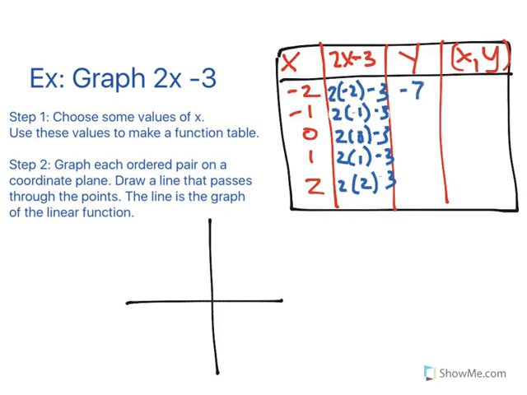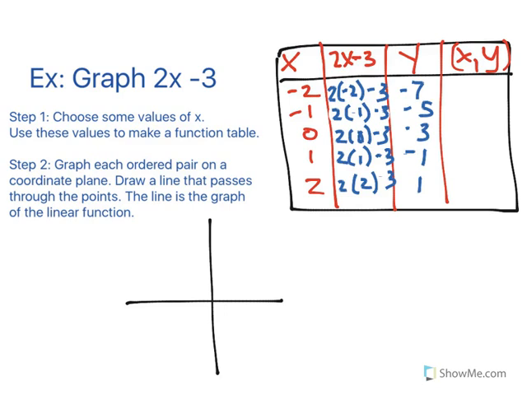Okay, so now we have 2 times negative 1 is negative 2, and negative 2 minus 3 is negative 5. 2 times 0 is 0, and 0 minus 3 is negative 3. 2 times 1 is 2, and 2 minus 3 is negative 1. 2 times 2 is 4, and 4 minus 3 is 1.